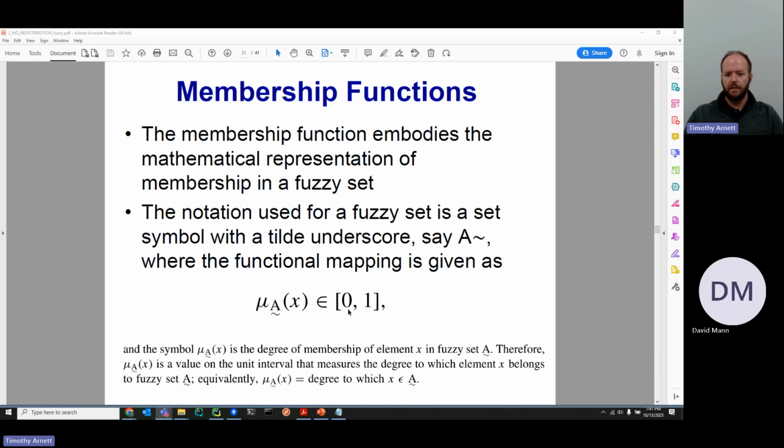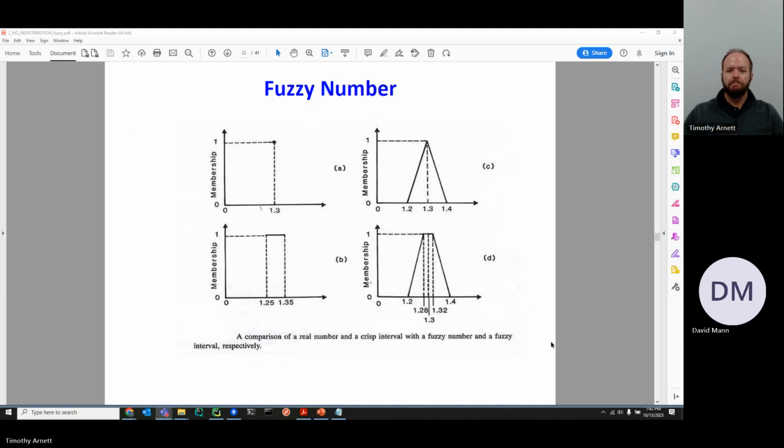But it needs to be bounded by 0 on one end at least. Almost all membership functions that are developed will have some point in them where they get to full membership, though need is dependent on your application.